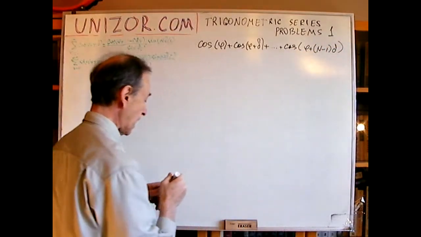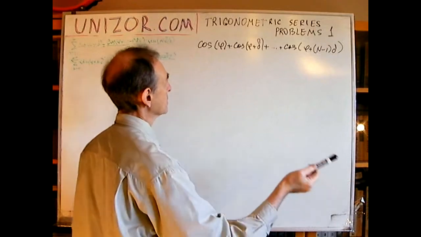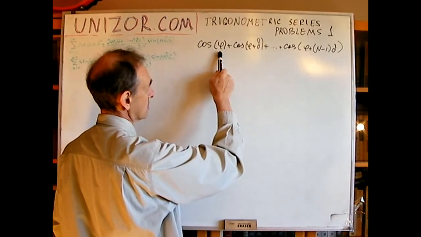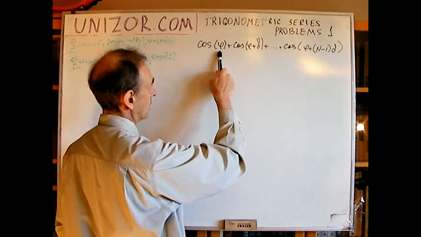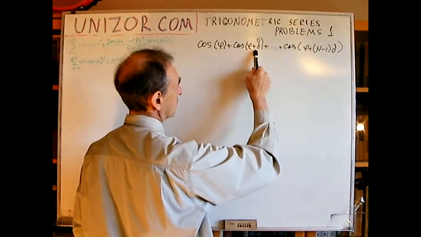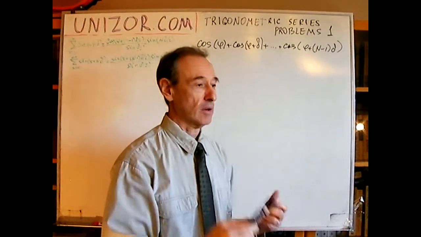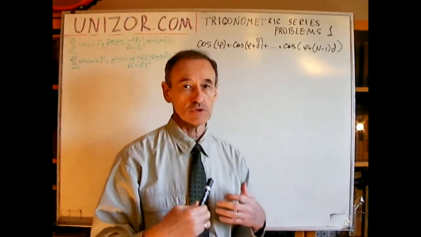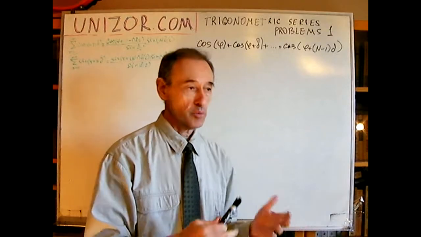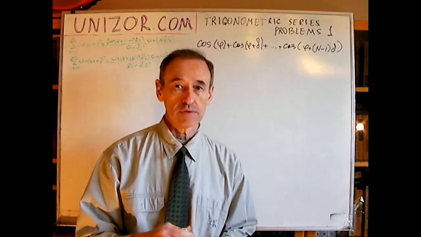We have n members in the series. The base is angle phi, and then on each step it's added delta, 2 delta, 3 delta, up to n minus 1 delta. Our problem is to come up with a formula which will be in a concise form reflecting the result of this summation.